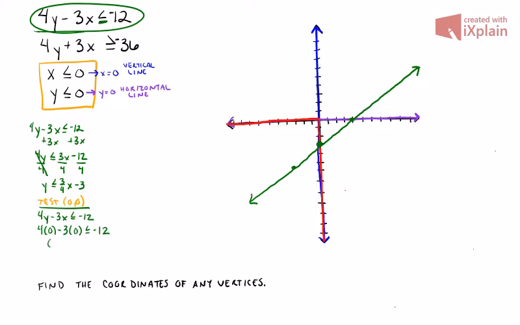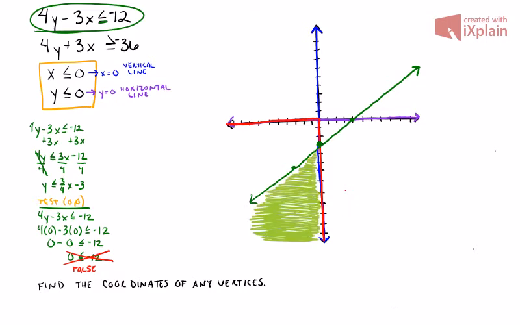Multiplying by 0 is going to result in zeros. 0 minus 0 is 0, and we end up with the statement that says 0 is less than or equal to negative 12. And right away I'm going to go, no, that's very, very wrong. So I know that this is false, so that tells me that I should shade on the side that does not contain the origin. So let me go ahead and add that in.